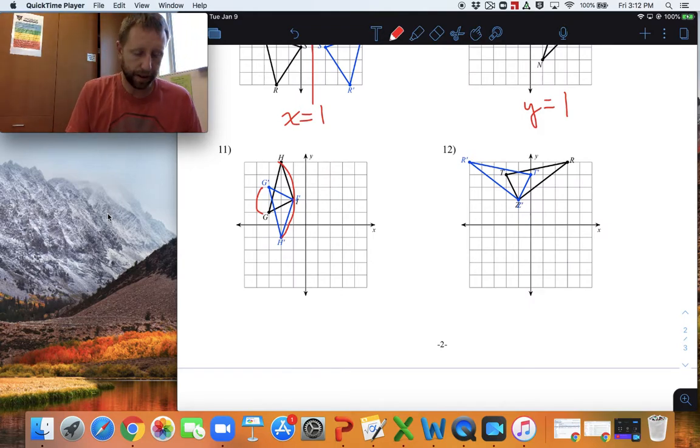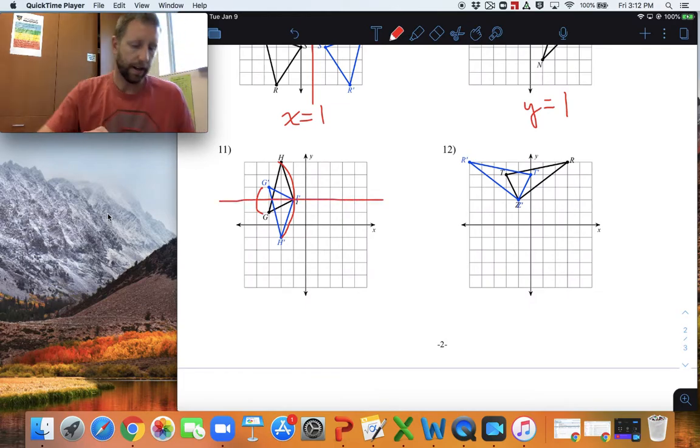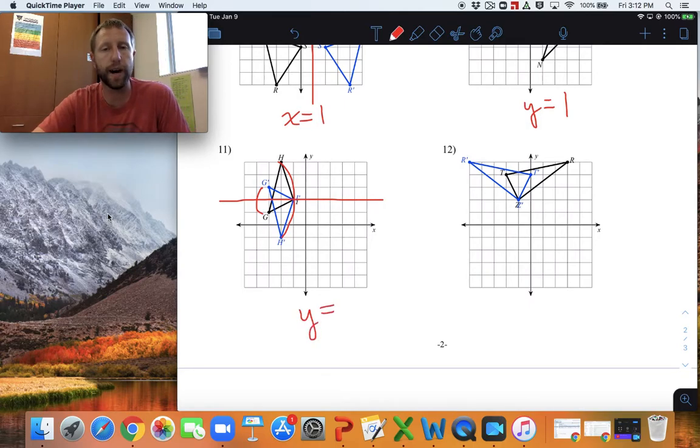So I've got to split that difference between all those. That one's a little tricky. Once I do that, I see it's a horizontal line. All horizontal lines start the same: y equals some number. Well, where does it cross the y-axis? It crosses at 2. So it's just the equation y equals 2 for that line of reflection.